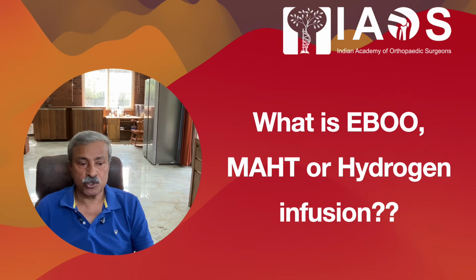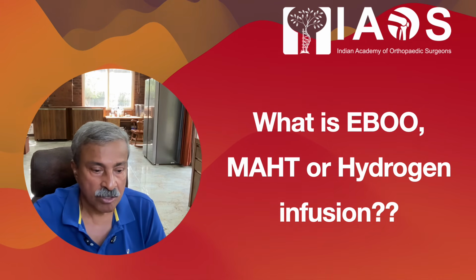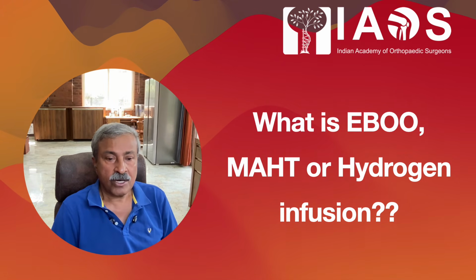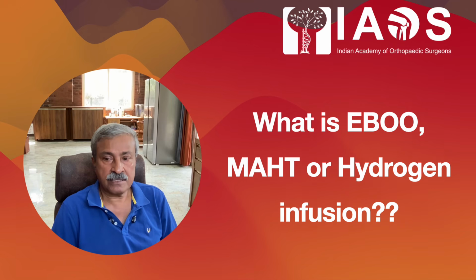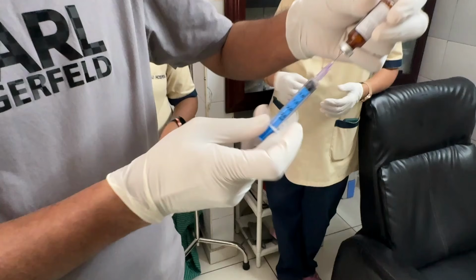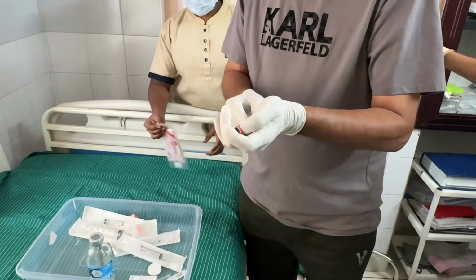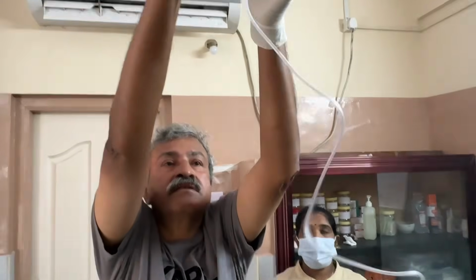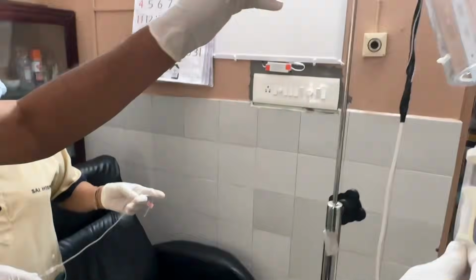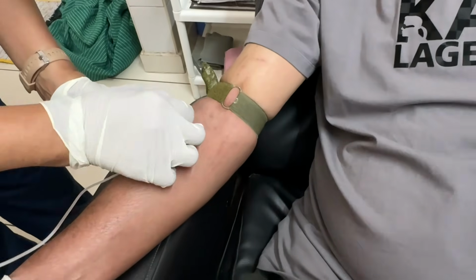This slide will show you, the next slide will show you the procedure of major autohemotherapy being performed on myself. What is EBOO, MAHT or hydrogen infusion? Here is an example of me having my own MAHT. We have hypernized the bottle and the transfusion system using a thin vein.